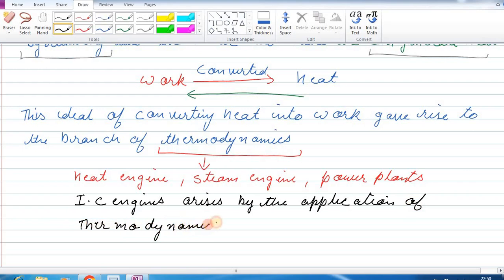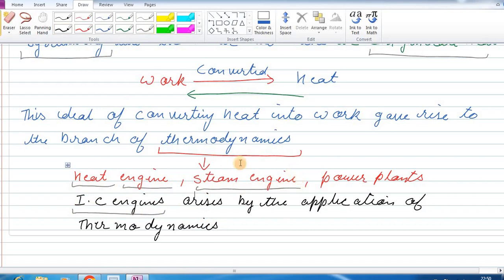So we apply a few laws of thermodynamics to generate these types of engines or these types of useful things. We'll deal with all these laws that are of importance in thermodynamics.